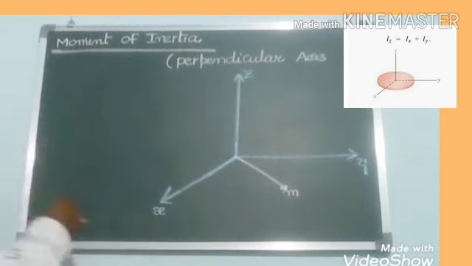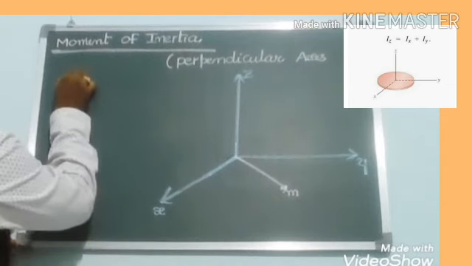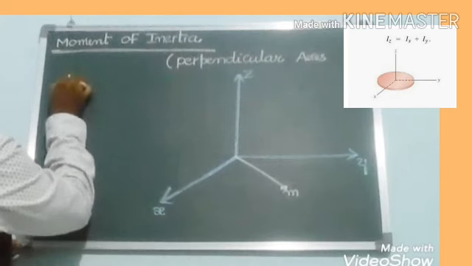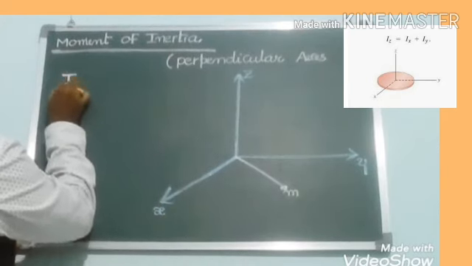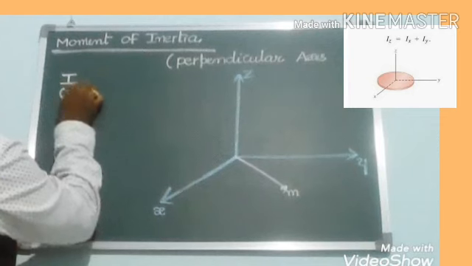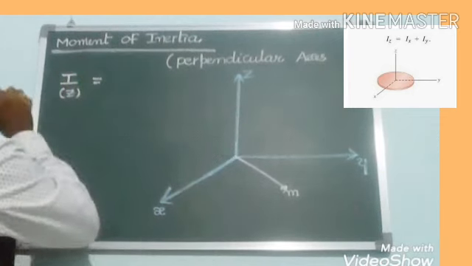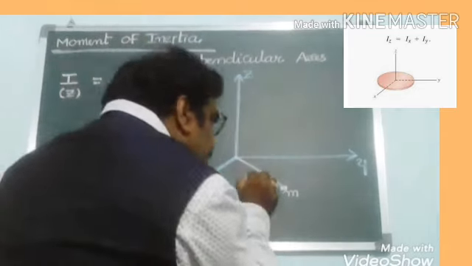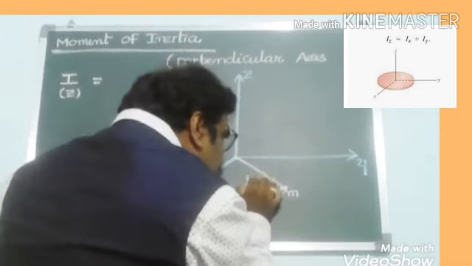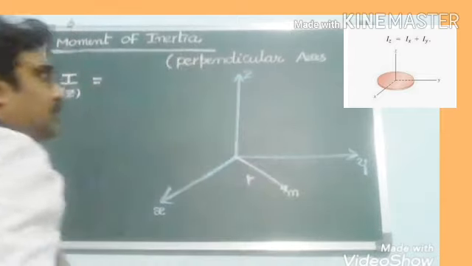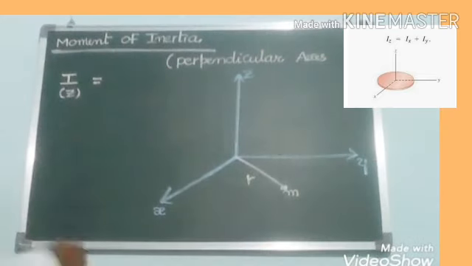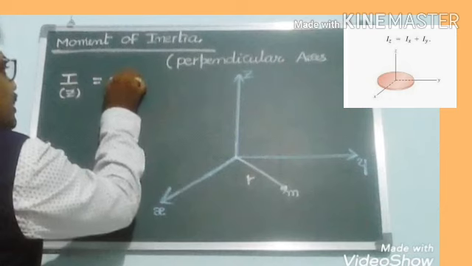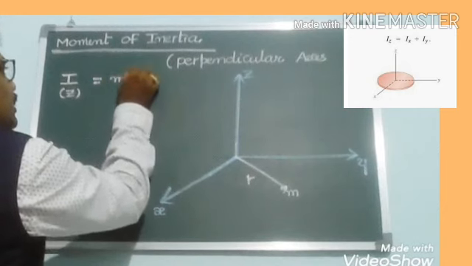Now you can easily write the moment of inertia with respect to z axis. Let us say it is having perpendicular distance r towards the z axis. So we can write mr square.